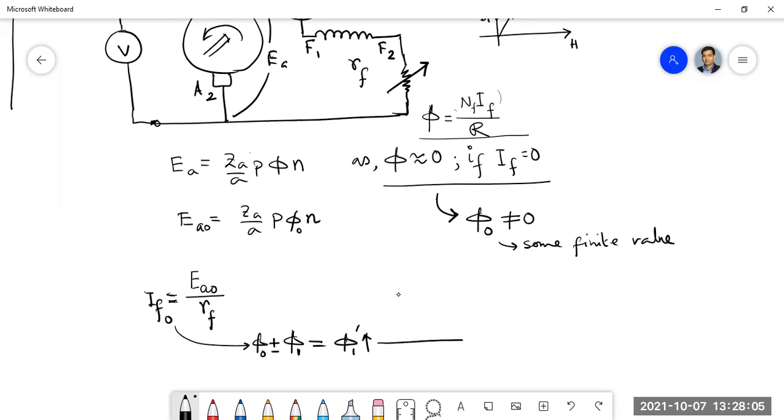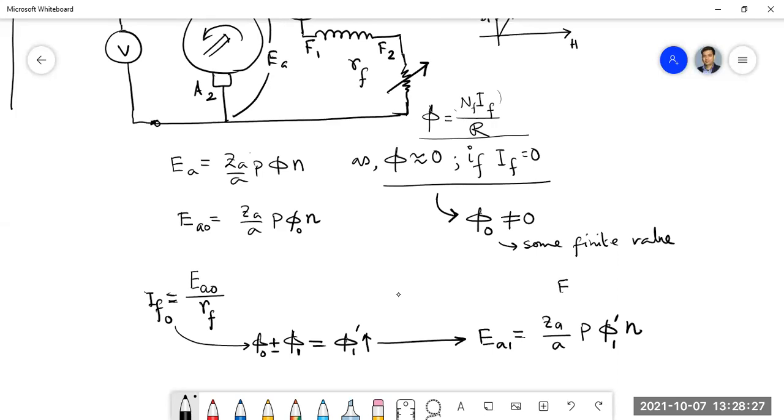Now what will this flux do? This flux will generate a new EMF as per this equation. You see, in this equation, you have flux. So when you put this flux in this equation, your EA1 will be increased.